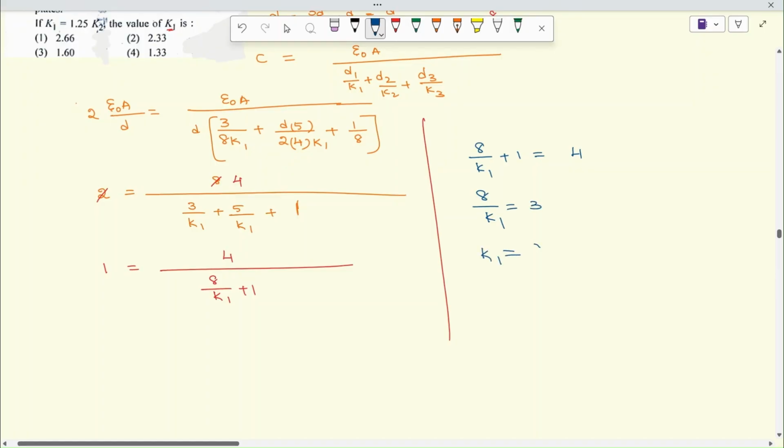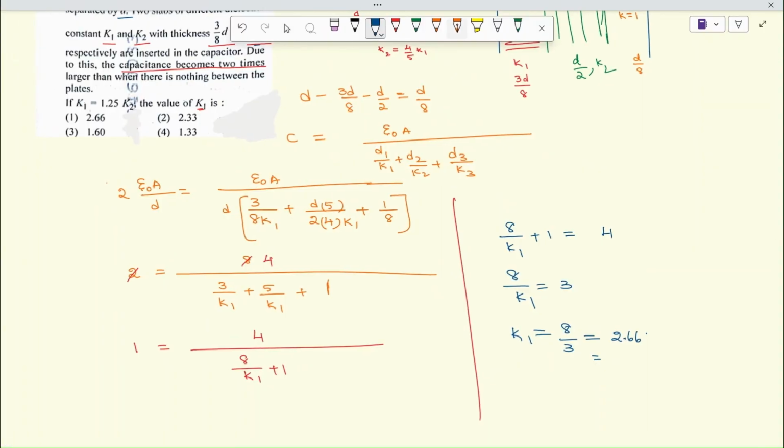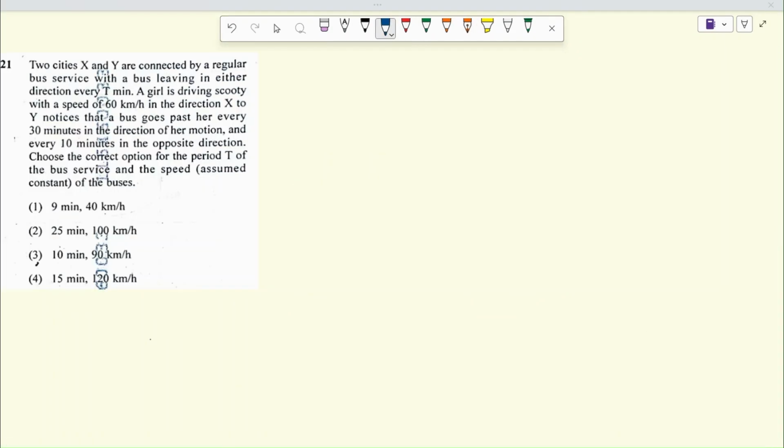K1 is equal to 8 by 3, which is approximately 2.6666. You can say 2.7. Okay. And anyway, option 2.66 is there, so you can go with that without any hesitation. That's all. Okay.